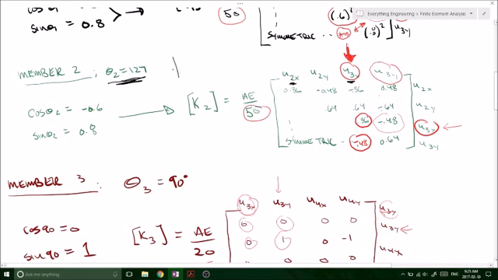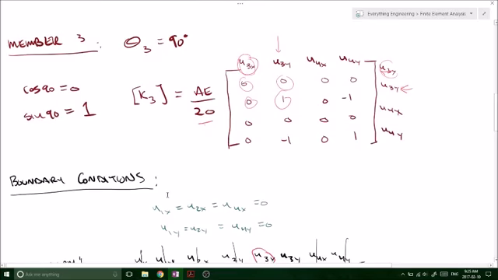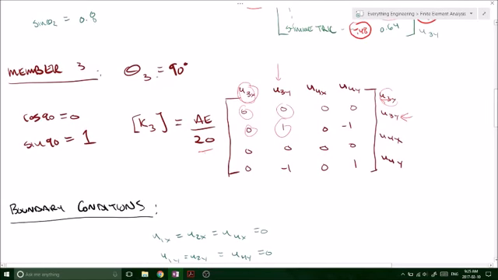Remember, we're always measuring from the x-axis, right? Always measuring from the x-axis counterclockwise of the node that we're standing at. Similarly, we did the exact same thing with member number 3, standing at node number 3, looking at node number 4. Our angle was 90 degrees, and we got this local stiffness matrix.